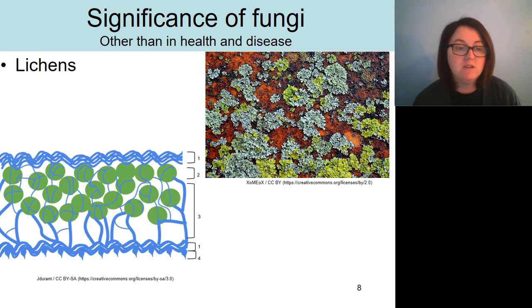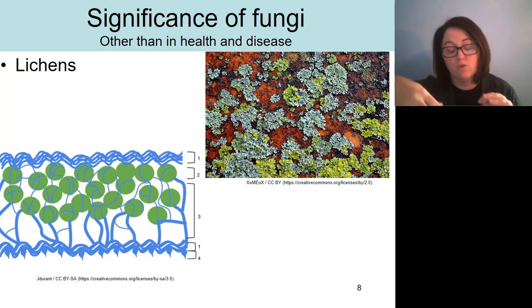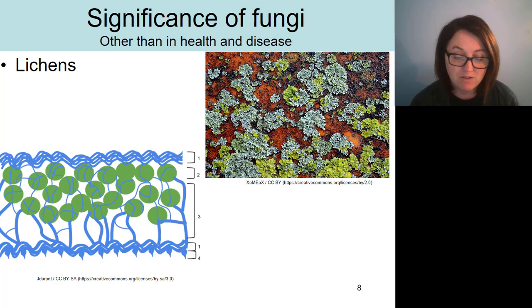All right, lichens. Lichens are really important in ecology too. A lichen is actually like a merger between a fungus and then an algae or a cyanobacterium. A lichen always has fungus as its main component, but then it's merged with a photosynthetic algae or a photosynthetic bacterium like cyanobacterium.